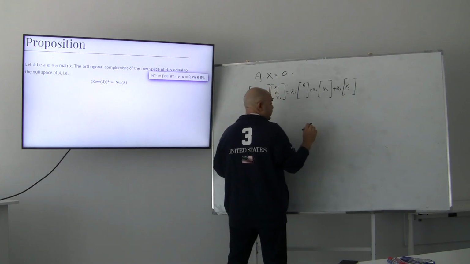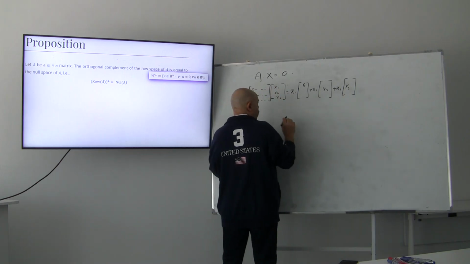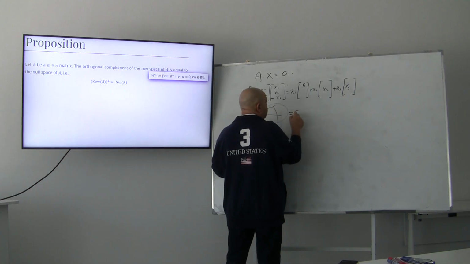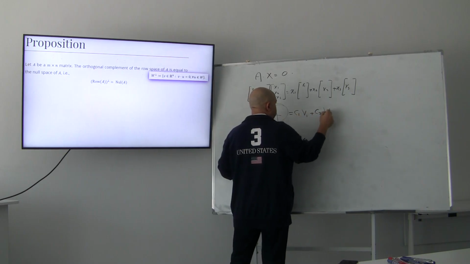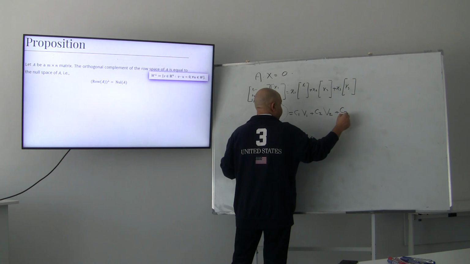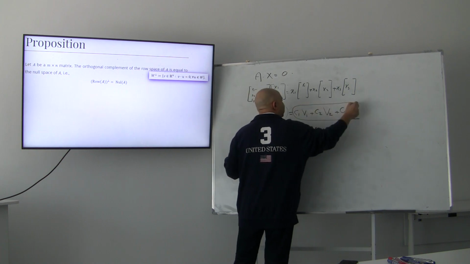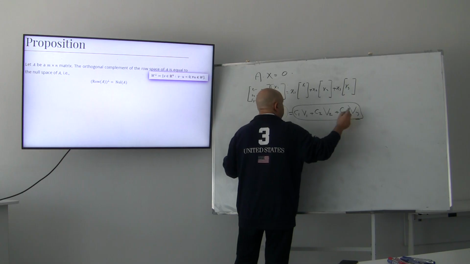In this manner, it's very simple to show that this vector equals some constant times vector 1 plus another constant times vector 2, plus a third constant times vector 3.